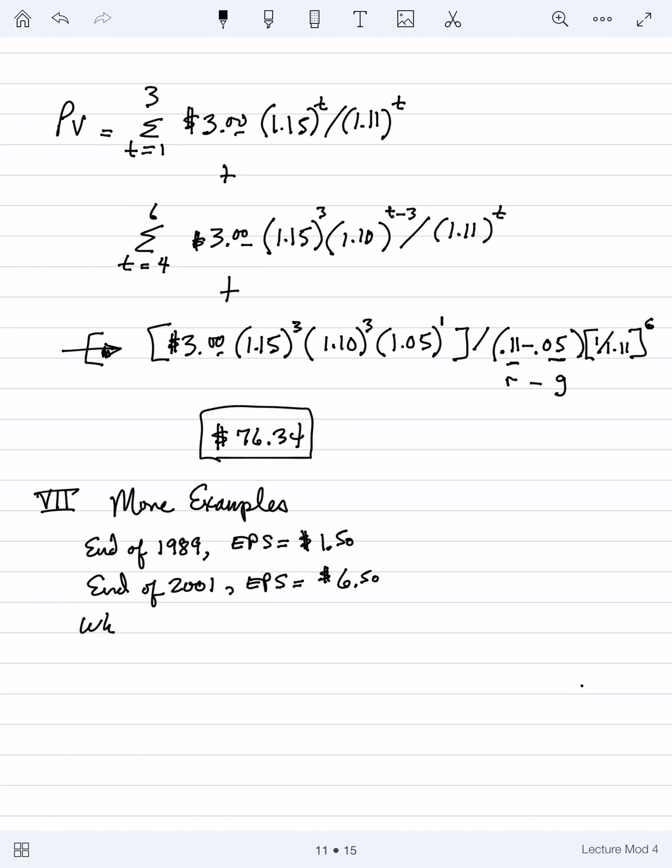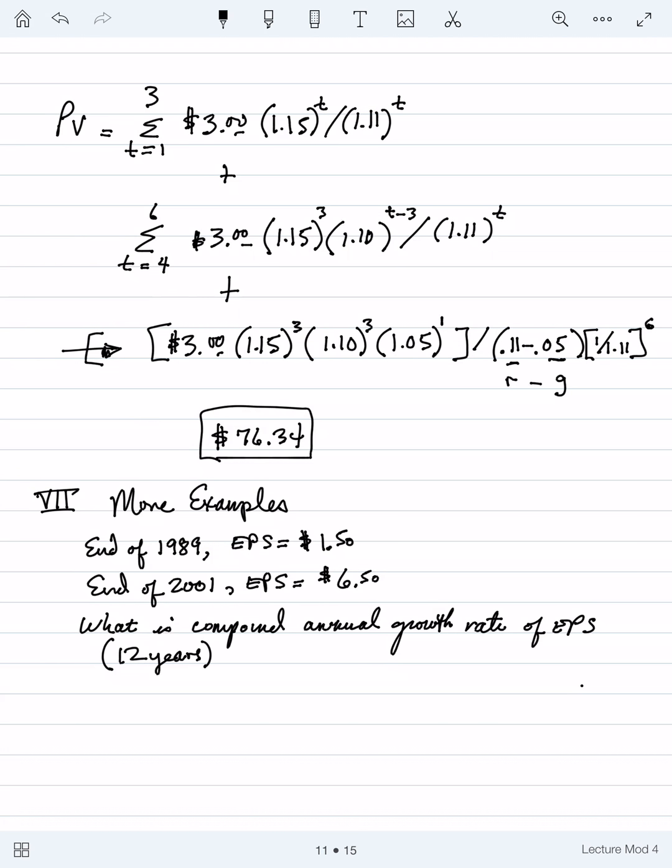A question we could ask: what is the compound annual growth rate of the earnings per share in the 12 years of growth?